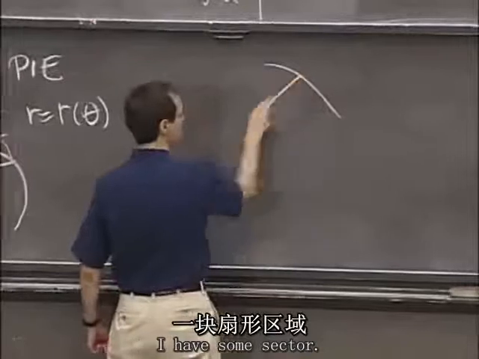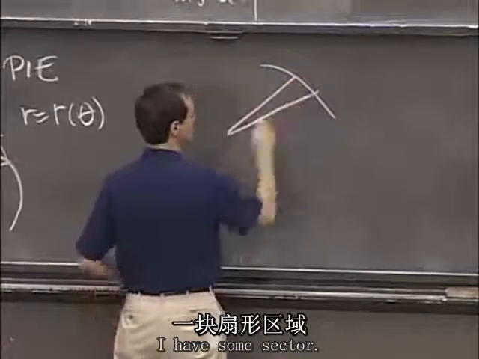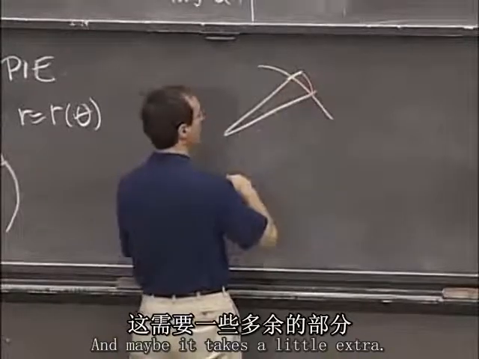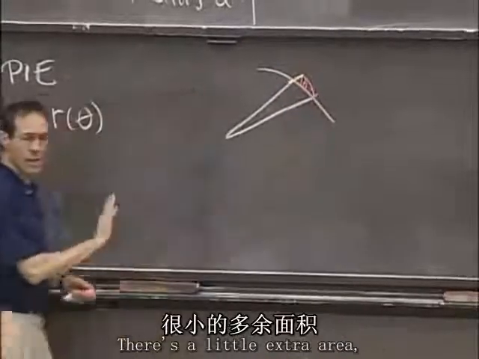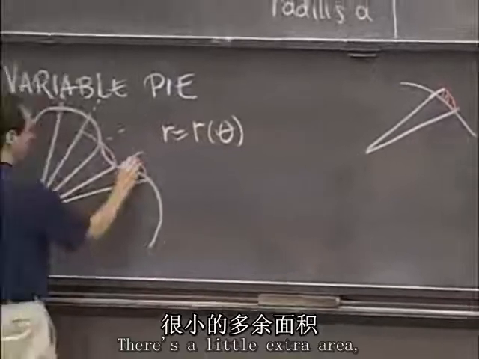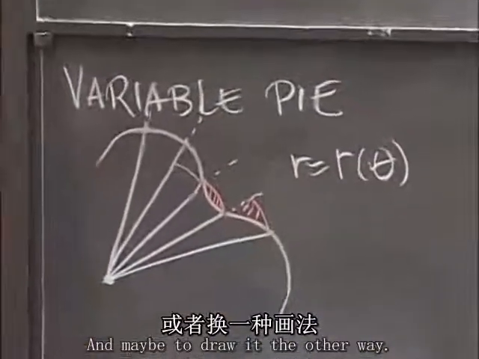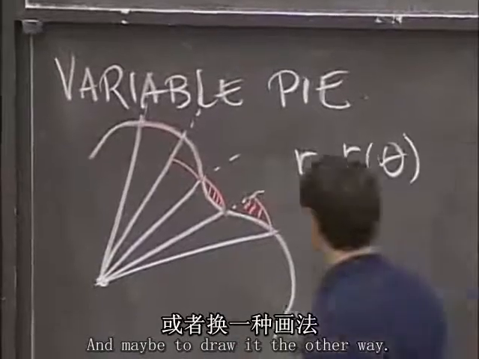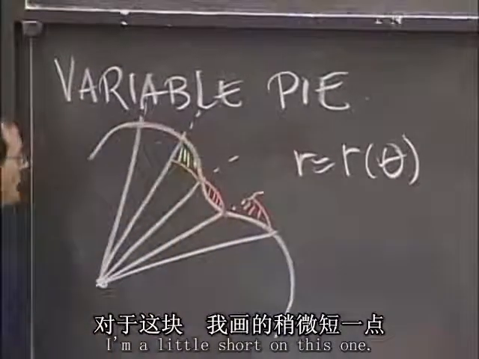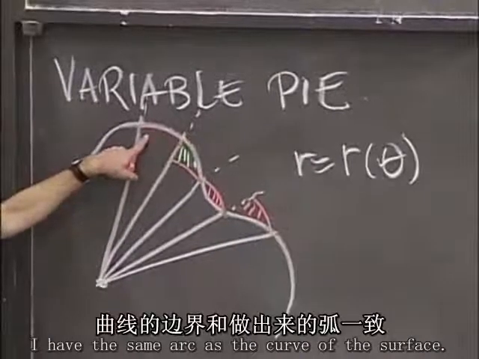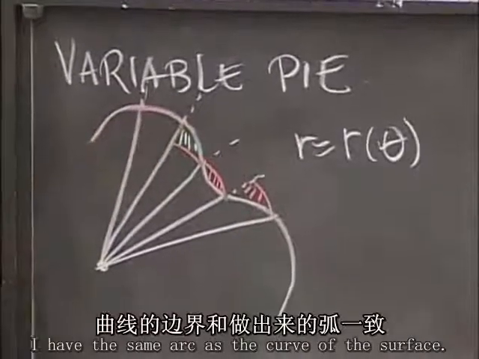I have some sector, and then I have some circular arc, and maybe it takes a little extra. There's a little extra area. I'm making an error in the area. And maybe to draw it the other way, I'm a little short on this one. And let's say on this one I'm right on the nose. I have the same arc as the curve of the surface.